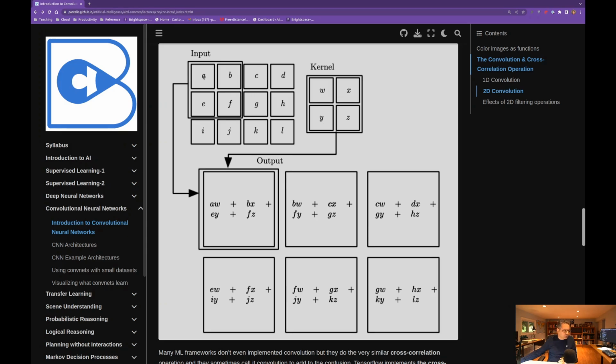And the kernel is going to be positioned in all possible locations in this input image. In this specific case, it is positioned at this moment at this location over here. And we are going to be forming the dot product between the kernel and the input image. Evidently the dot product is A times W plus B times X plus E times Y plus F times Z. And that will be a scalar that gives us the extracted feature value out of that operation.